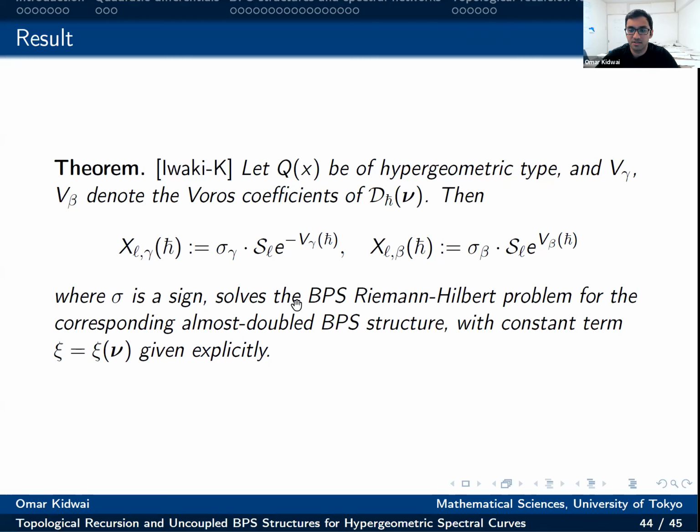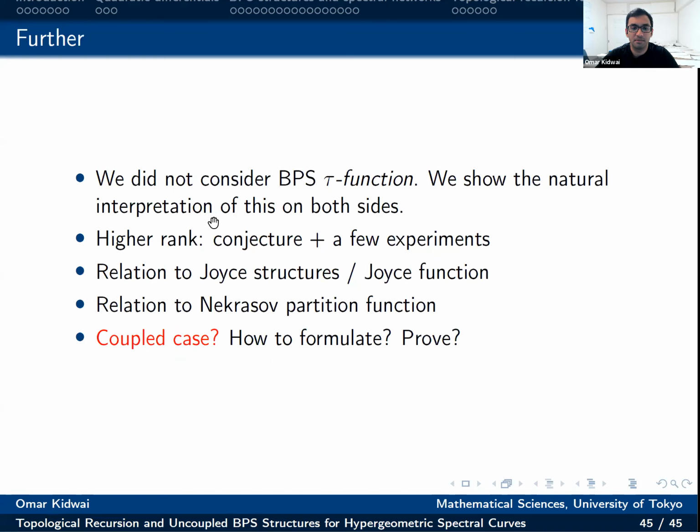And so that's our second result. Yeah, that's essentially my talk. So maybe I can say just what other things we want to consider. There's many other things to do. But yeah, okay. Questions?